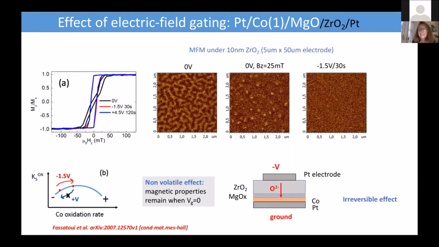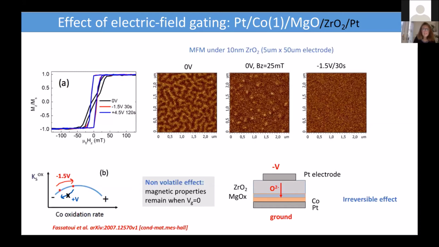We were very disappointed to see that when we applied an opposite, positive electric field, we could not recover the lower anisotropy, so we could not show this reversible creation and annihilation of the magnetic skyrmions. I don't have time here to explain the details of this irreversibility, but if you are interested, we have just published this paper in Physical Review Applied.